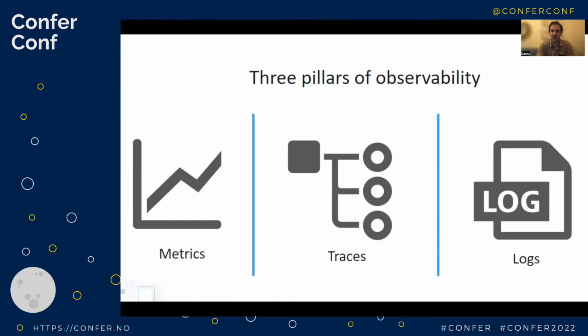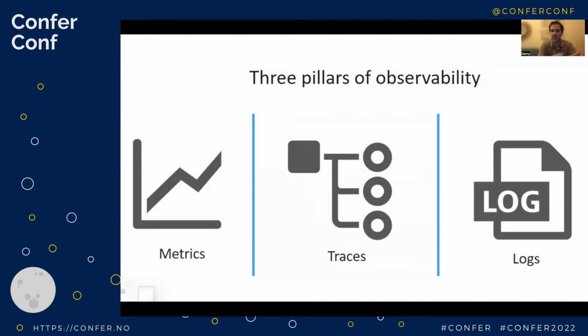Metrics are quantitative. They're numbers that represent stuff like your bounce rate or your CPU consumption, numbers that represent something about a system. Traces are a little bit unique to microservices architectures and to the fact that more and more applications are being deployed not as singular monoliths where everything is happening in a single process, but rather as a bunch of discrete processes.